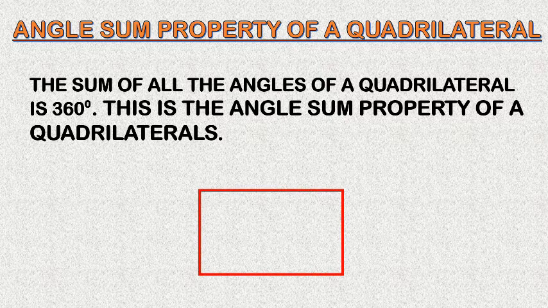This is a quadrilateral, as you know. It has four vertices A, B, C, and D, and also four angles: angle A, angle B, angle C, and angle D. If we add all the values of these angles, means angle A plus angle B plus angle C plus angle D, it will give the sum as 360 degrees.